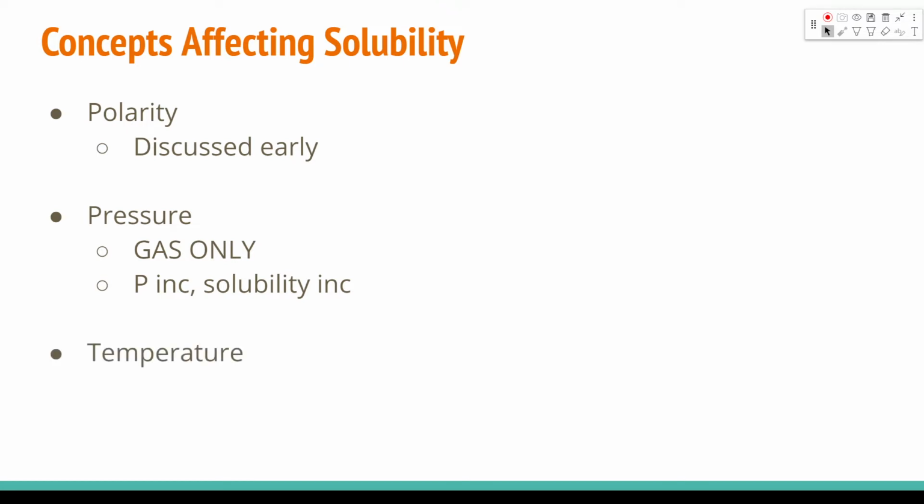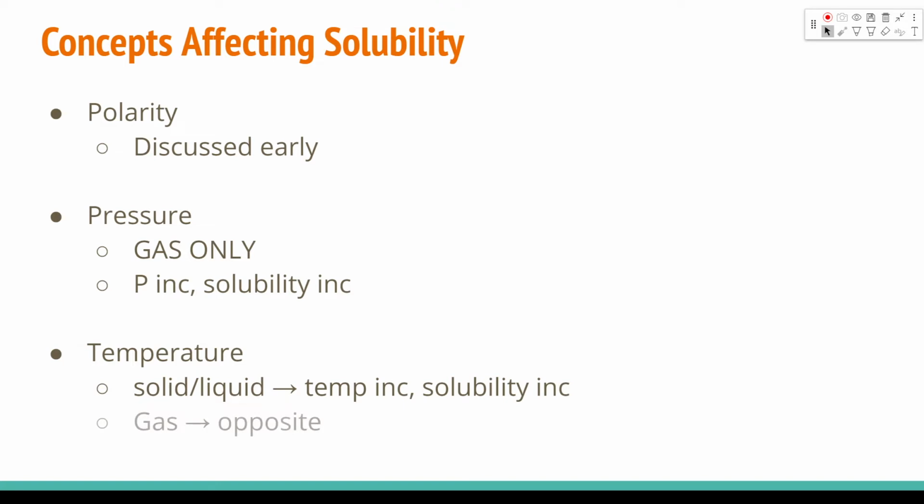All right, temperature affects solubility. We just talked about that earlier. It's pretty obvious with solids and liquids that as temperature increases, solubility increases. What's weird is for gases, it's the opposite. The reason why gases are opposite is something that we'll learn later.